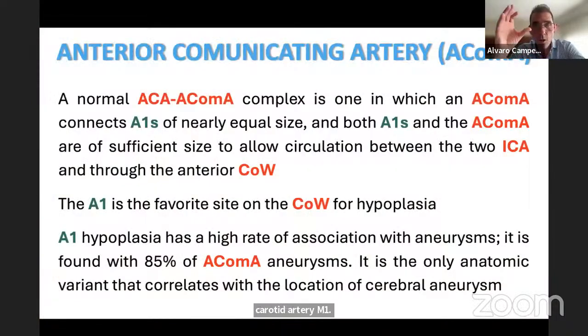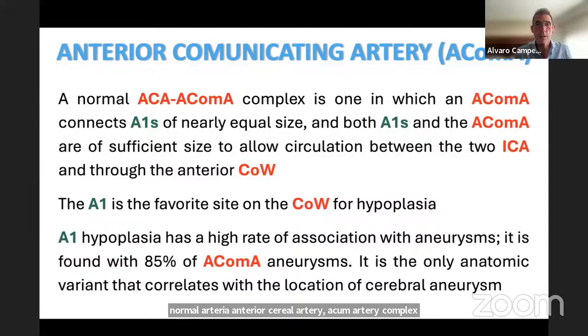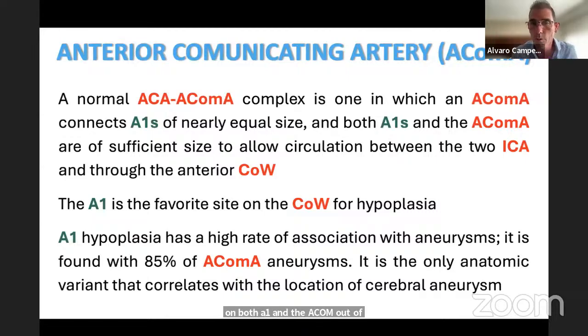Another important concept: a normal anterior cerebral artery, ACom artery complex, is one in which the ACom connects two A1s of nearly equal size, and both A1 and the ACom are of sufficient size to allow circulation between the two internal carotid arteries through the anterior circle of Willis.